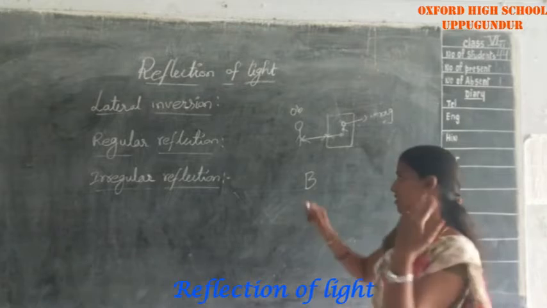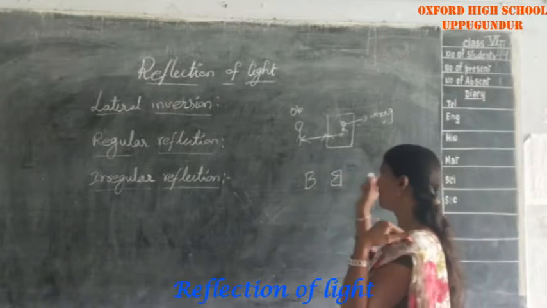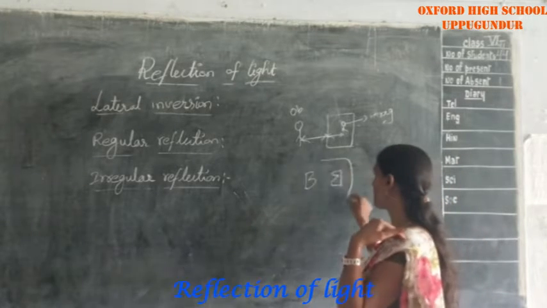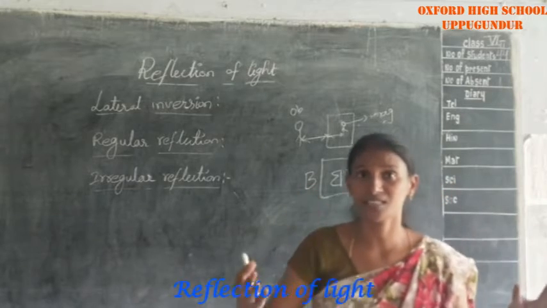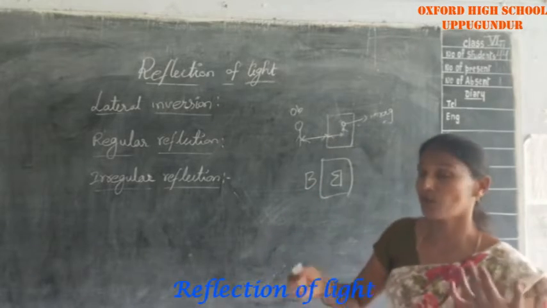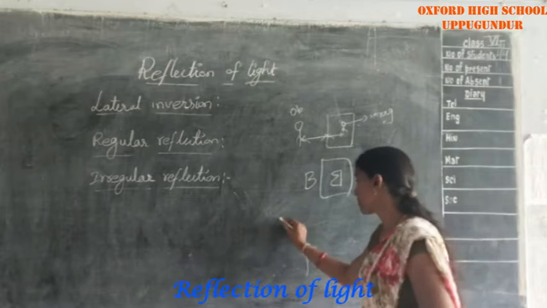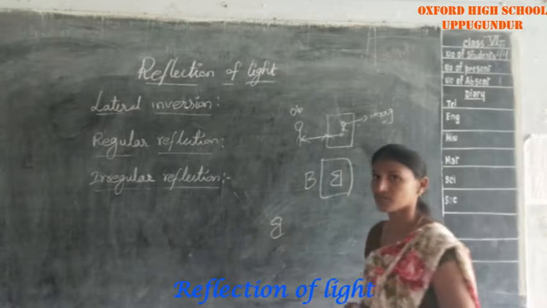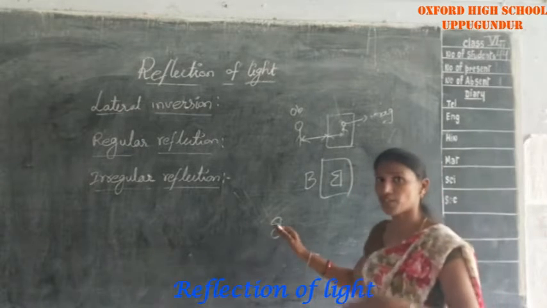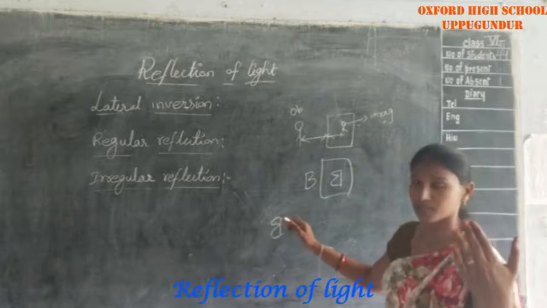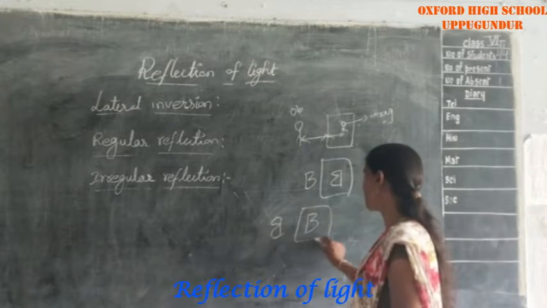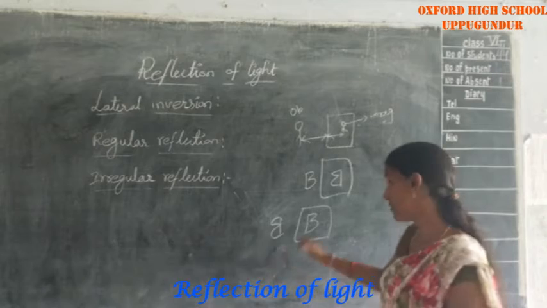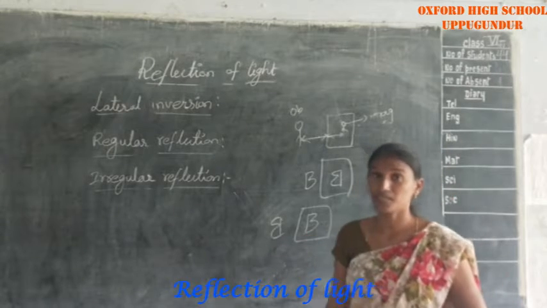So a reverse image is formed in the mirror, and you are not observing the letters clearly. Suppose here you write the reverse. Then you observe this object in the mirror, and you see the clear letter. The real letter is formed by the mirror.